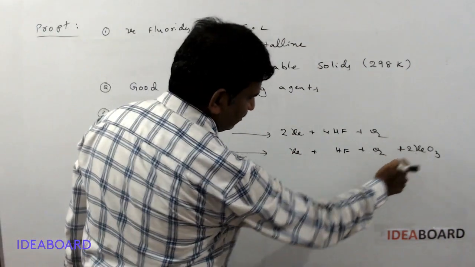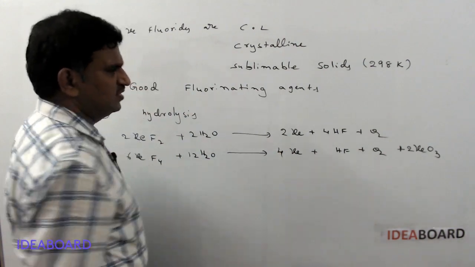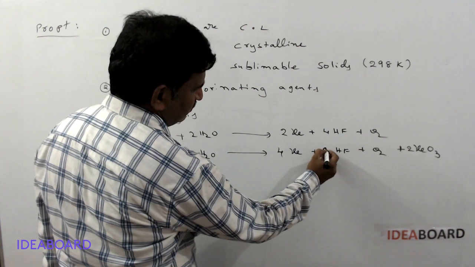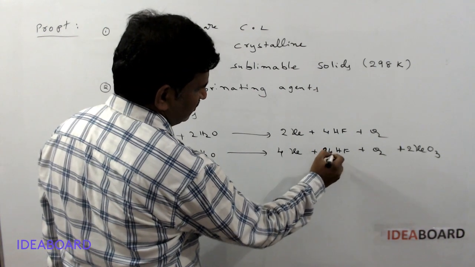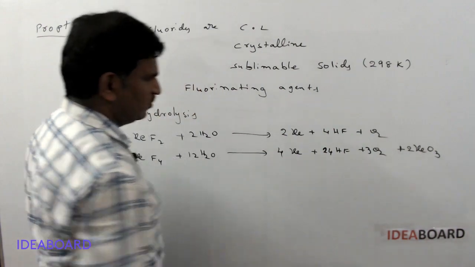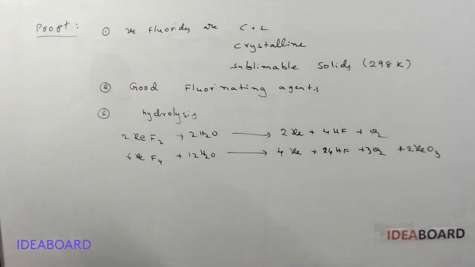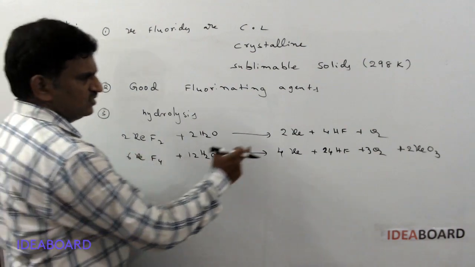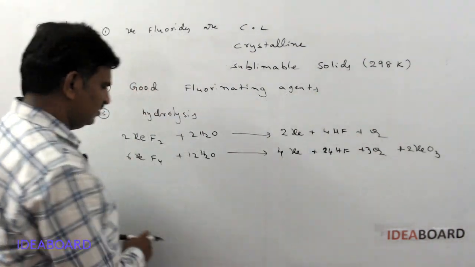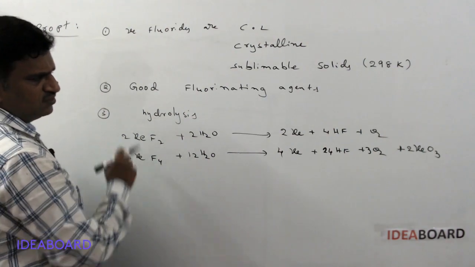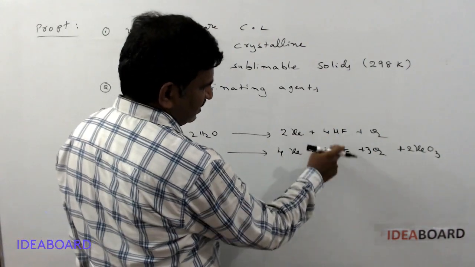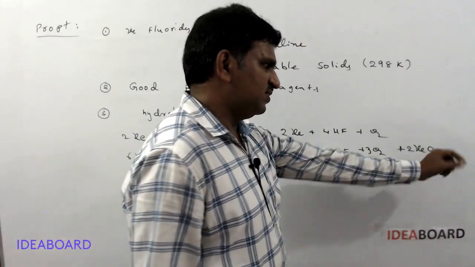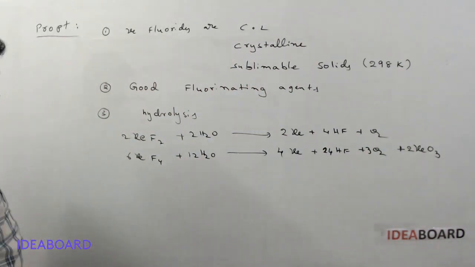Already 2Xe over, so the remaining is 4Xe, and 24HF and 3O2. That is with xenon tetrafluoride. So xenon difluoride gives Xe, HF and O2 only. Xenon tetrafluoride on hydrolysis gives Xe, HF and O2 plus XeO3, xenon trioxide.